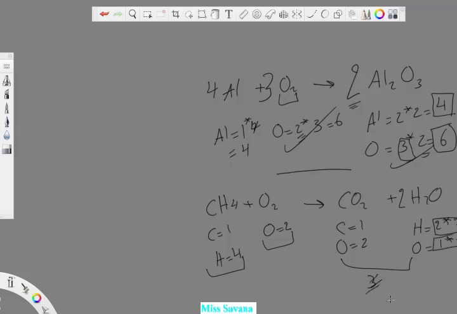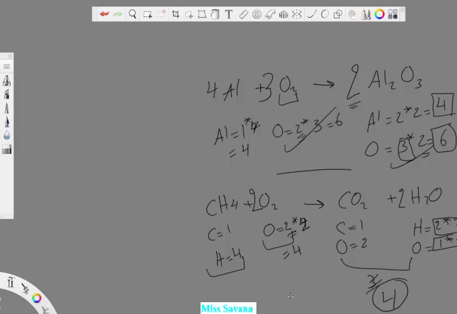I have 4 oxygen atoms. Now I really don't know if it's balanced or not, but before I can check. Now the oxygen here is 4, but in here it's still 2, so I need more. I should put 2 here, so this one will be multiplied by 2, so it's gonna be 4.